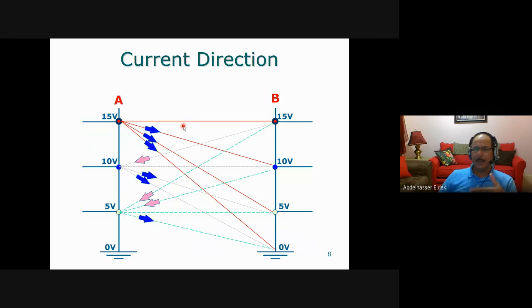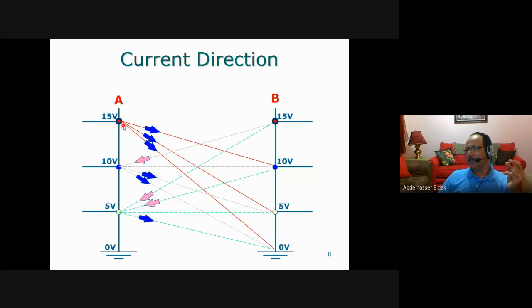So again, in this example, if I assume that the element is here, then this side is 15, this side is 15, there's no difference in voltage, so you do not expect any current here. But if the element is on this line, then you will have 15 and 10, a 5 volt difference, and the current will move from the high to the low.